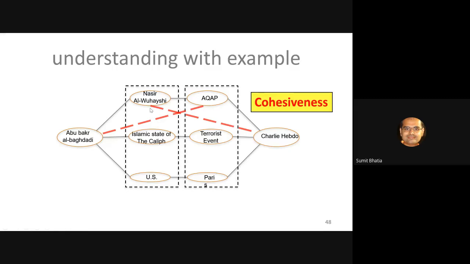Buhaishi, right? So in this fashion, you are computing scores for paths such that the individual components of the paths are cohesive, they are strongly connected, and at the same time, they are very specific to the input entities.